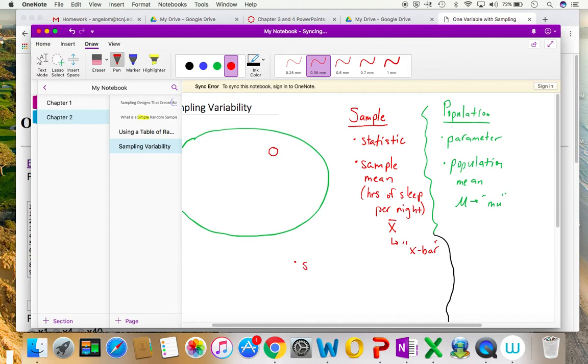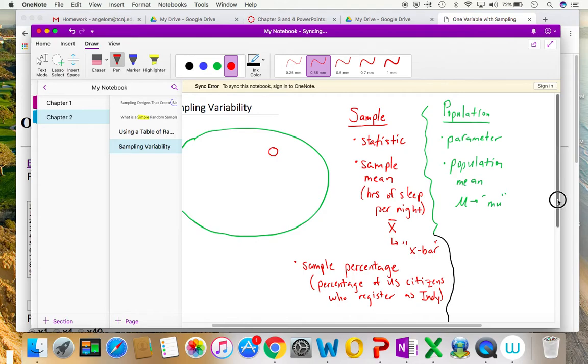We could say a sample percentage of U.S. citizens who register as independent.